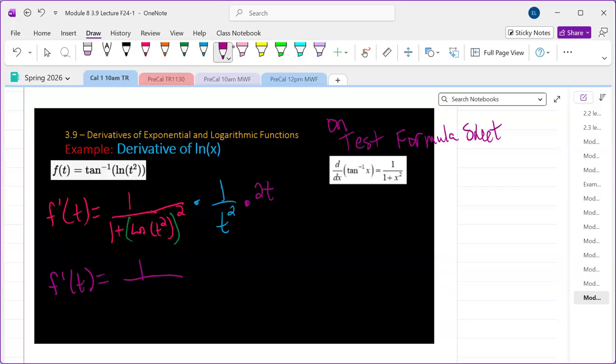And then I could square the 2 on the outside, but the natural log of t being squared is stuck like that. So I'd just write it like that.